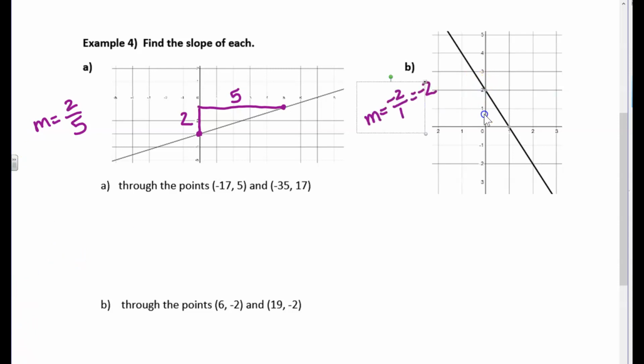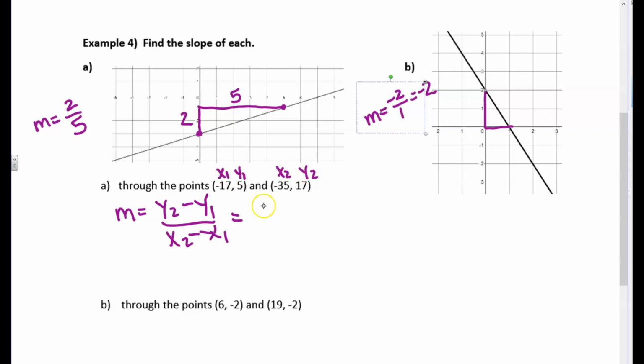Here we fall 2, go over 1, we get -2 over 1, which is -2. Now, let's look at somewhere we need the slope formula. Here I want to find the slope through 2 specific points where they give me the points. I'm going to use the slope formula. Your slope equals y2 minus y1 over x2 minus x1. It really doesn't matter which one you make x1 and y1, as long as you're consistent. So I'm going to do x1, y1, x2, y2.